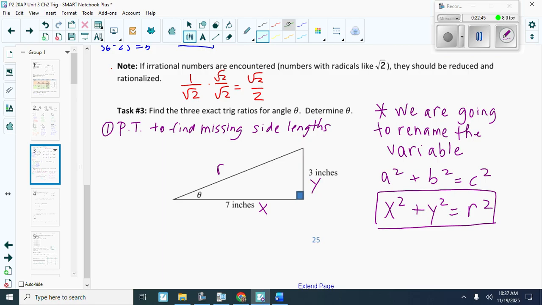So just a little off to the side here, 49 plus 8.